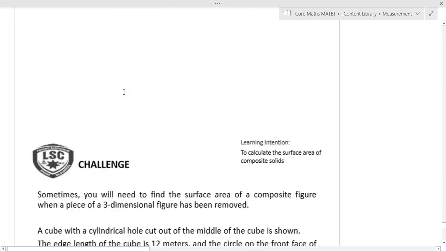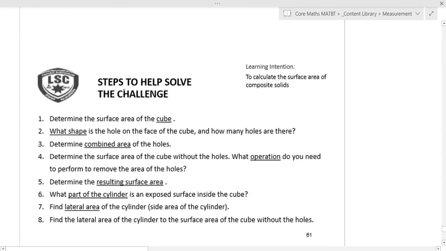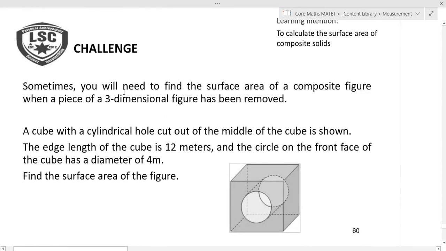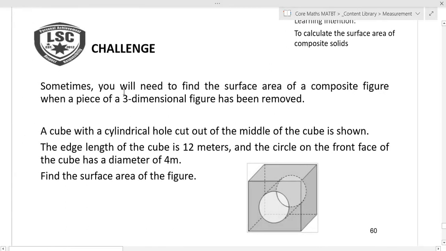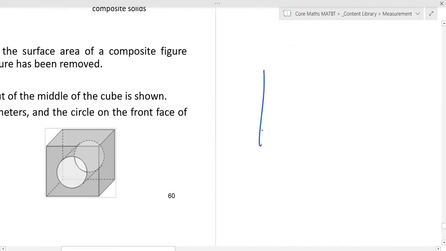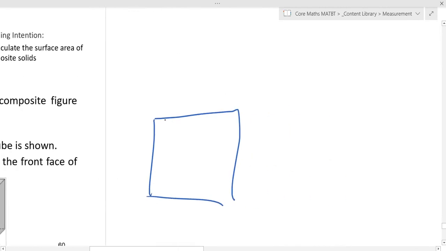Here's a challenge for you guys, and then we'll start working. I want you to find the surface area for this shape. So it's basically a cube, but then it's got a cylinder cut inside. It's a cube, but there's a cylinder hole on the inside. I'm going to draw it for you guys. It's a cube, looks like this. My amazing drawing.